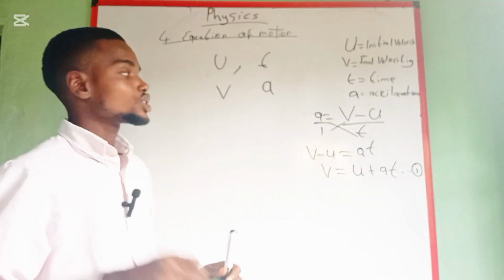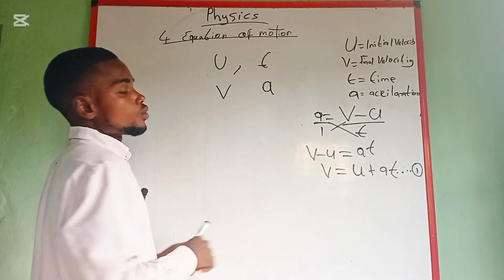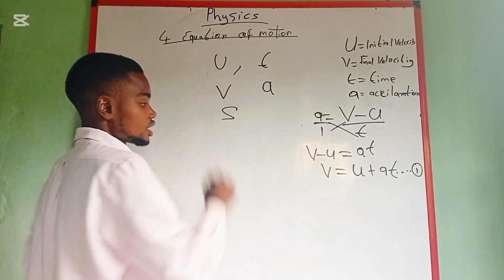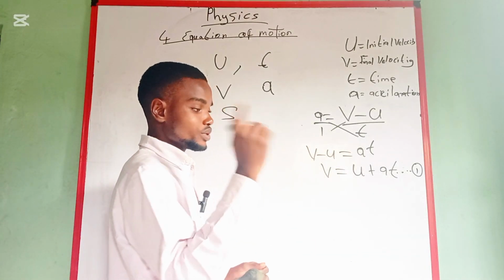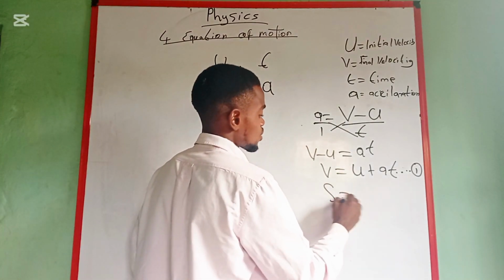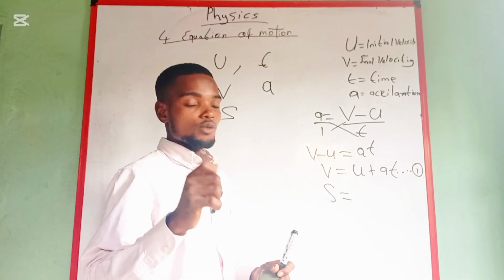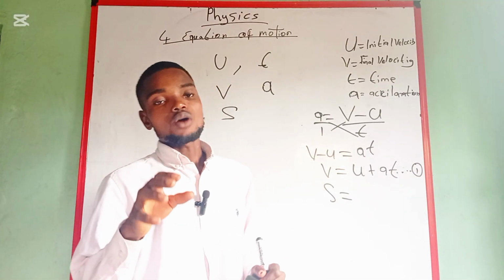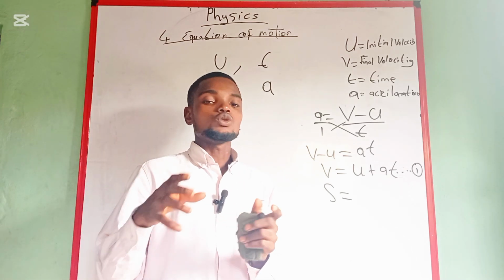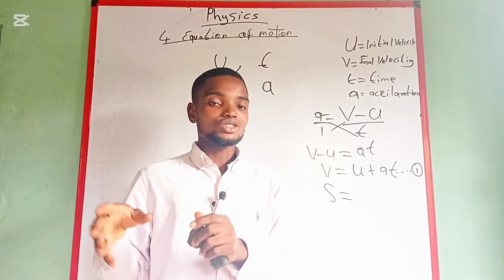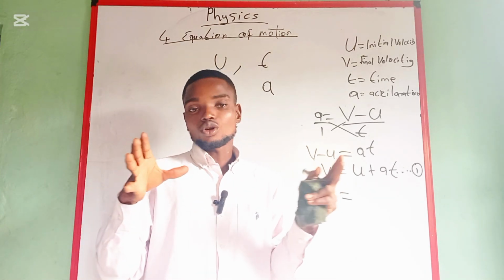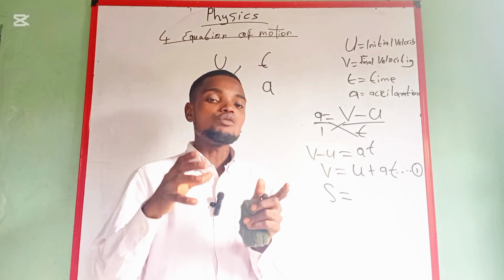Now, the second equation of motion is when we want to deal with distance. All right. Now, the distance s is equal to average velocity multiplied by time. What is average velocity? Somehow, if you are 10 in your class and you want to get the average score of the 10 students, you're going to do what? Add their scores together and divide it by how many students you have.